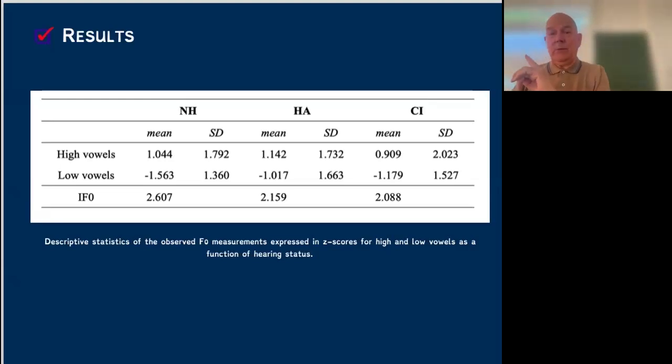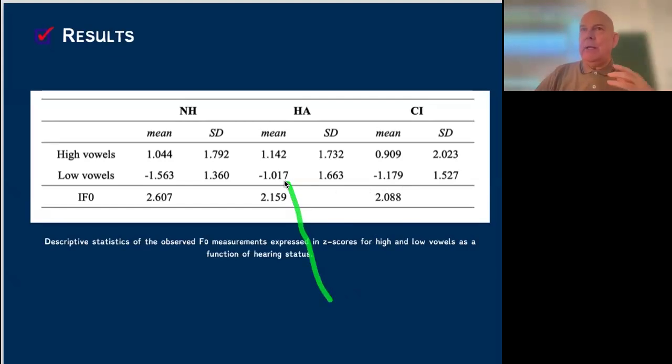So there is a little bit of a difference, but it's not significant. You could say that here the children with hearing aid are in between the two. That is what we found in many other studies on vowel articulation, but that does not seem to apply strongly, significantly here.